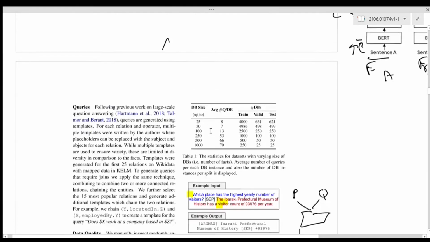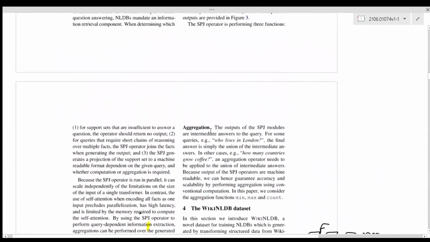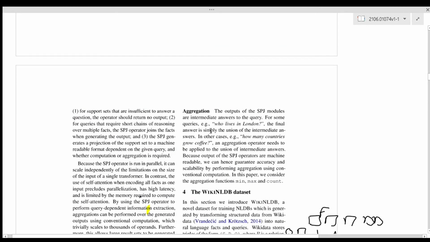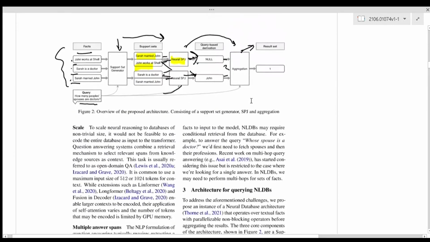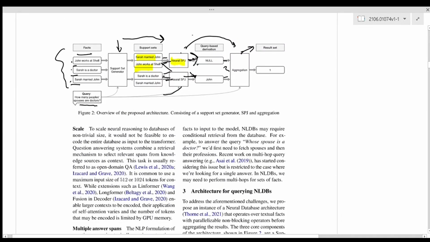So let's understand the aggregation model. It is the simplest of all. Basically, it is based on the token provided by neural SPJ. Let me go over the chart. From the neural SPJ there will be a token indicating whether the aggregation model has to be run or not.